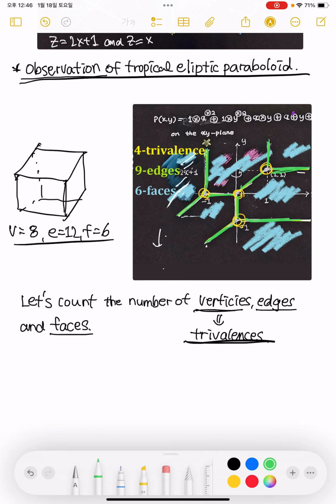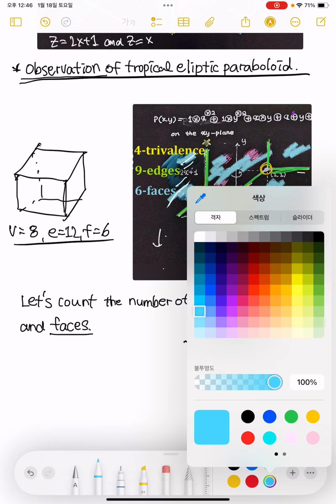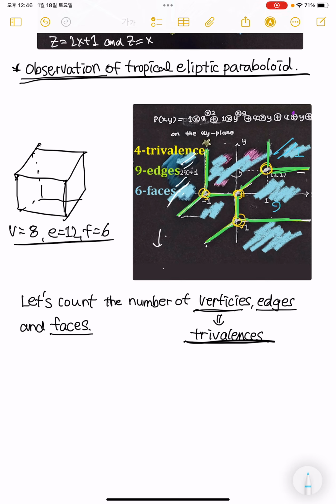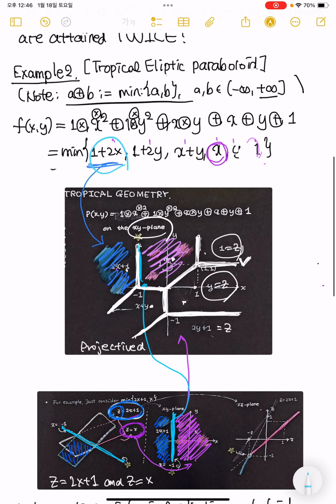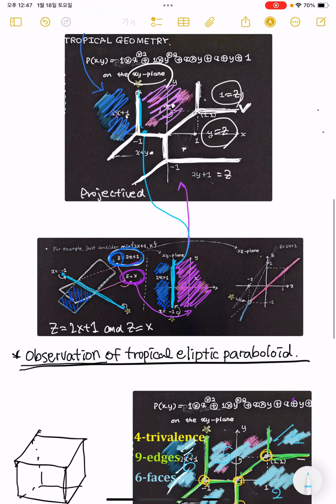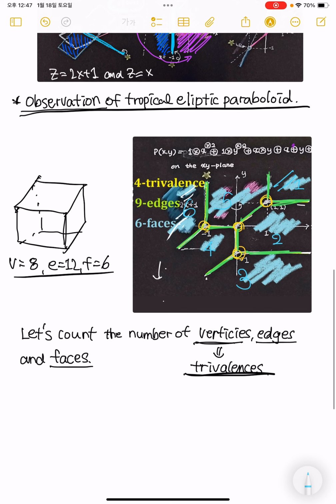And faces, total 6 faces: 1, 2, 3, 4, 5, 6. That is trivial. There are 6 faces.